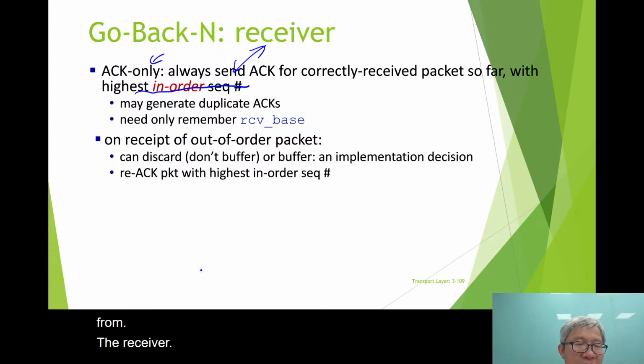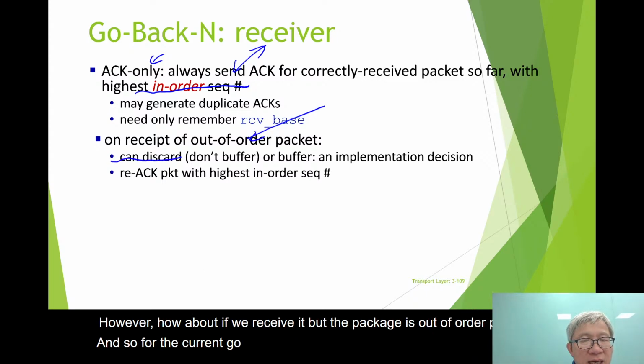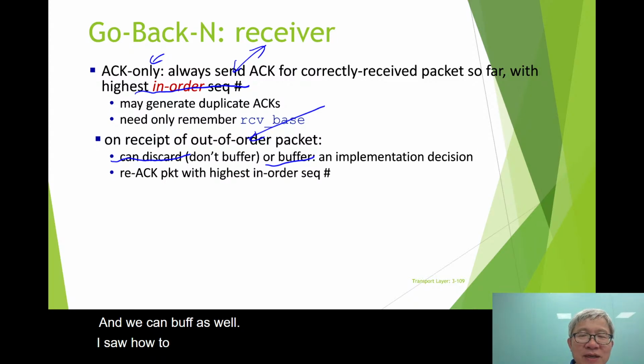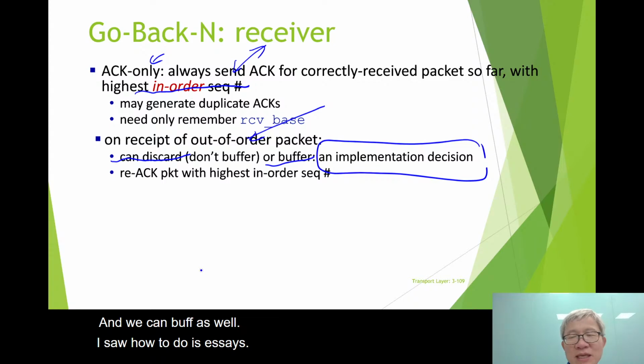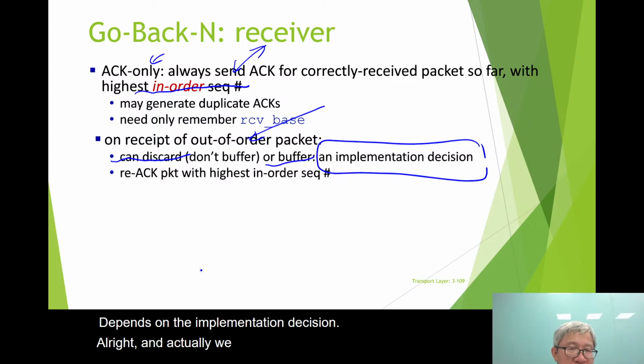However, what if we receive a packet that is out of order? In the current Go-Back-N, we discard it. We can also buffer it, and how to do it depends on the implementation decision.